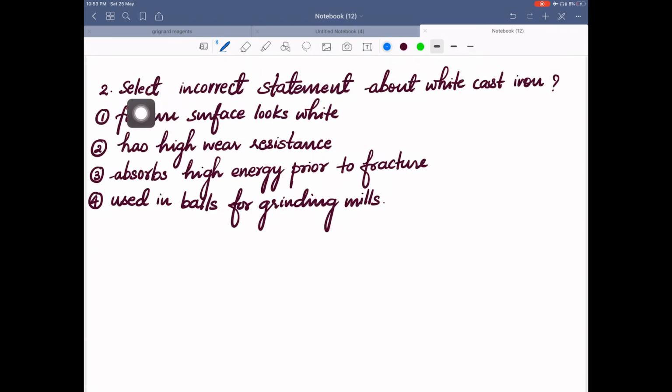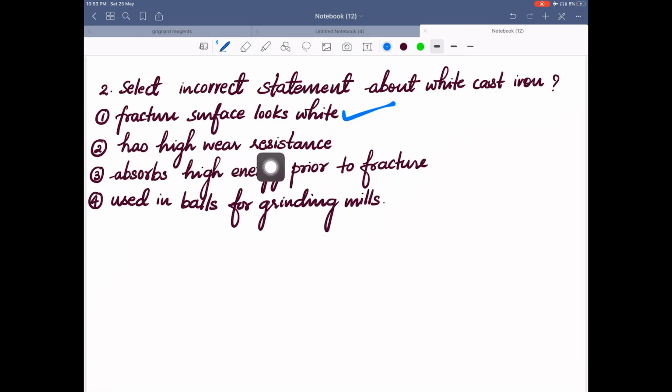Second, select the incorrect statement about the white cast iron. Okay. So the first is the fracture surface looks white, and that is absolutely true. In the white cast iron, the fracture surface looks white. Has high wear resistance.